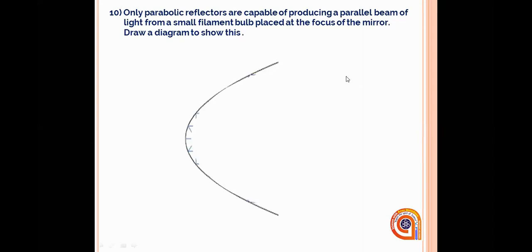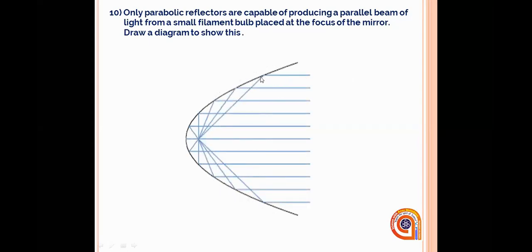Can you see that? Now let me take some parallel light rays. This is the point where the light rays are emitted from. Just imagine the filament bulb of a torchlight; you could have seen this inner surface of the torchlight, the parabolic reflector.